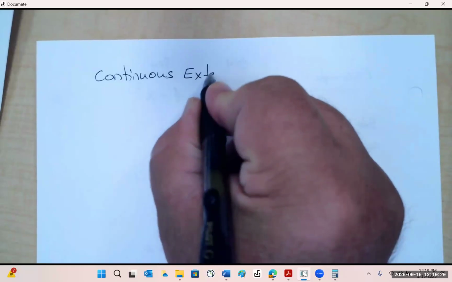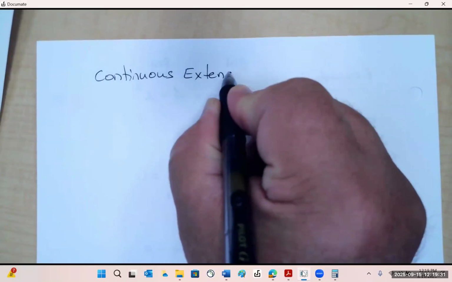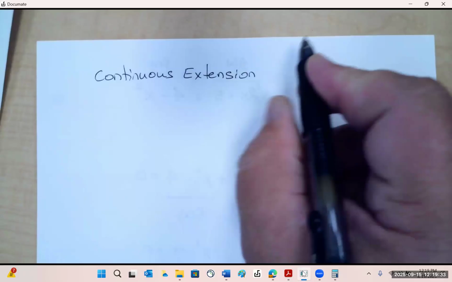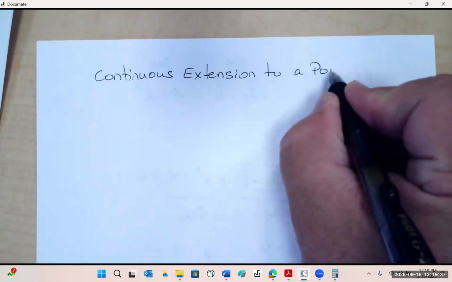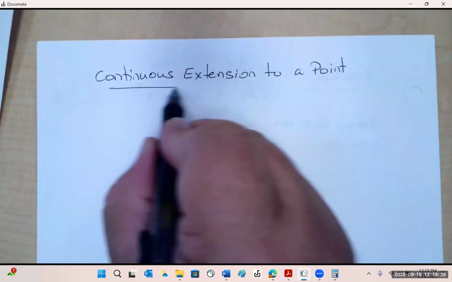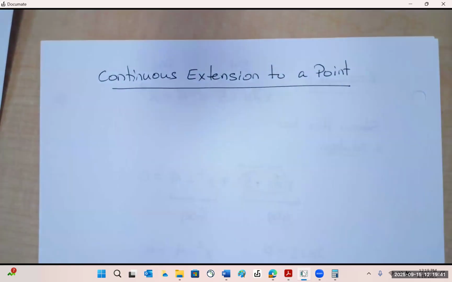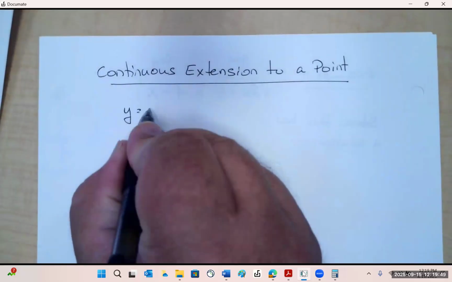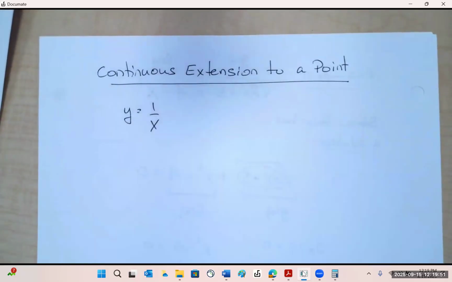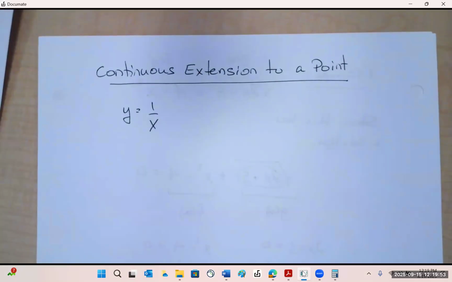Continuous extensions. What I'm saying here is this. Can we make this a continuous function?